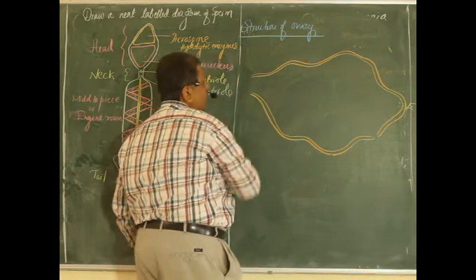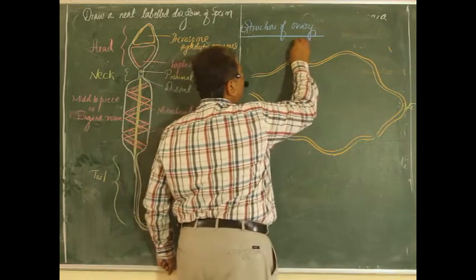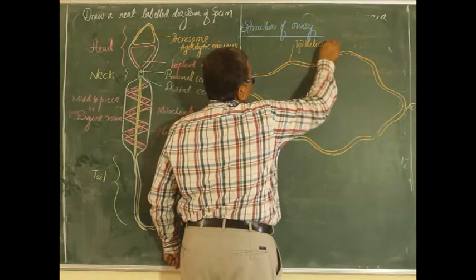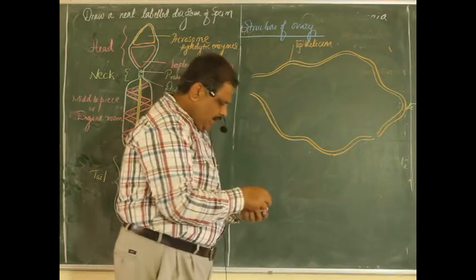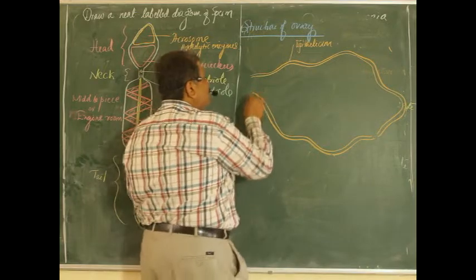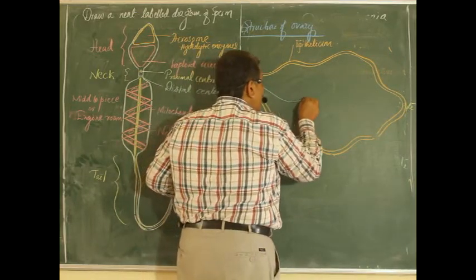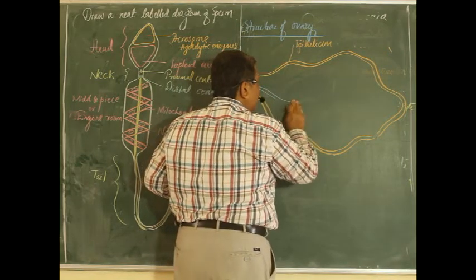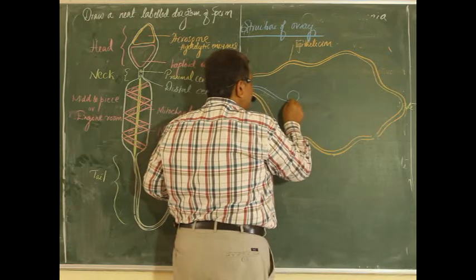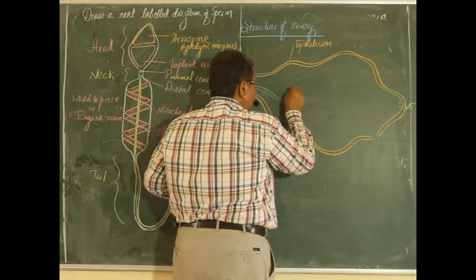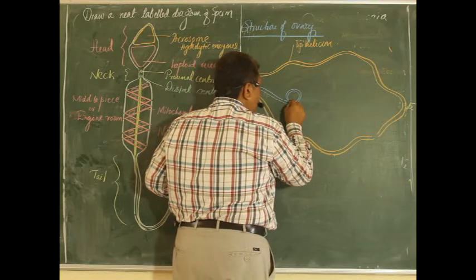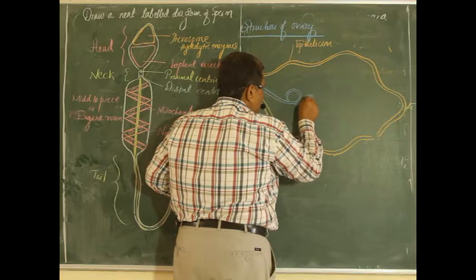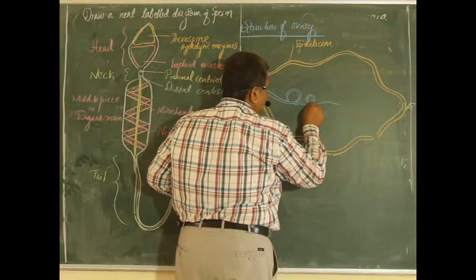What is this? Epithelium. And here you can see the presence of a vascular network, the vascular system. Here the presence of a network of blood vessels, veins and arteries which supplies oxygenated and deoxygenated blood to the central part.